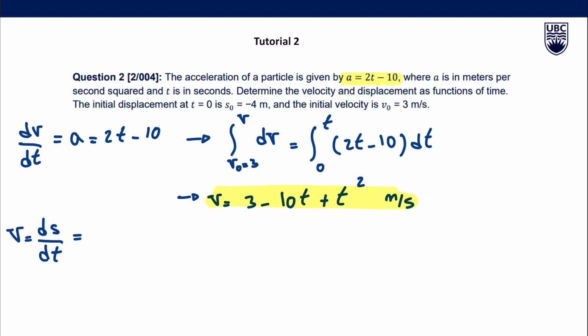Velocity equals 3 minus 10t plus t squared, which we just calculated.